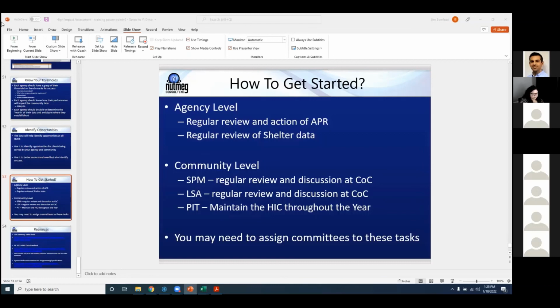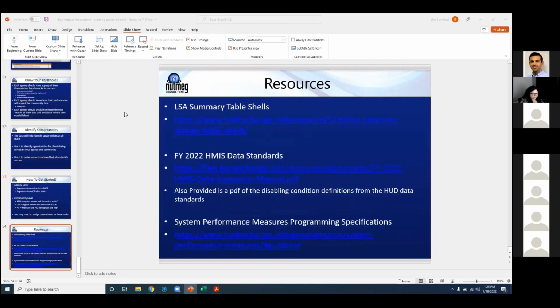Thanks. Yep. The last slide is a slide for those of you who want to get a little bit deeper knowledge of the data, as far as what the LSA table shells look like. Here's a link here. SPM, the program specs, there's a link here. There's also a link to the 2022 data standards.